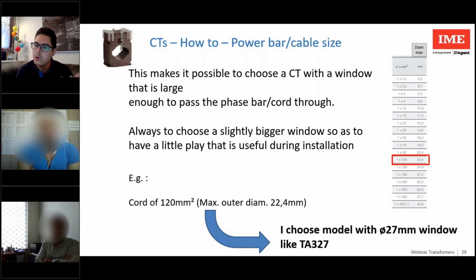So here I choose a model, as I say, a little bigger than that, 24.3. In our range, we have a CT, called TH327, with a window of 227.